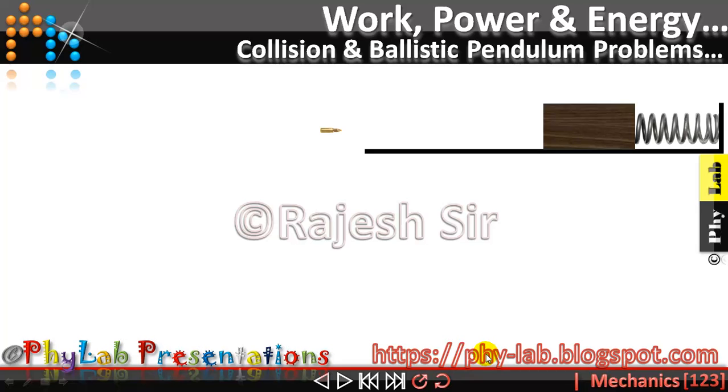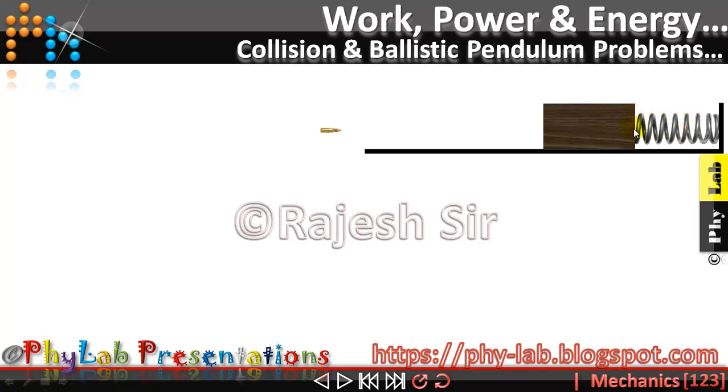In this video, we are going to discuss a bullet of mass m moving with a certain velocity u that strikes a wooden block of mass capital M and gets embedded in it. The two combine and start moving as one system, and thereafter they compress the spring.